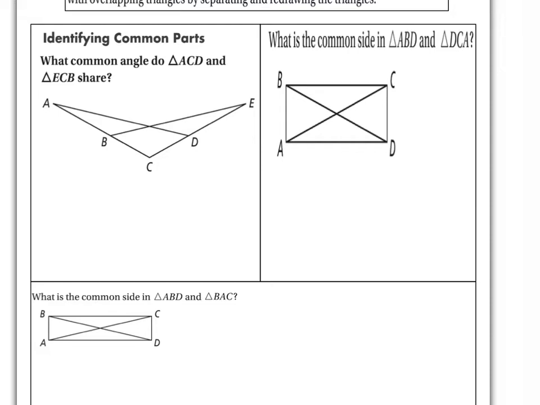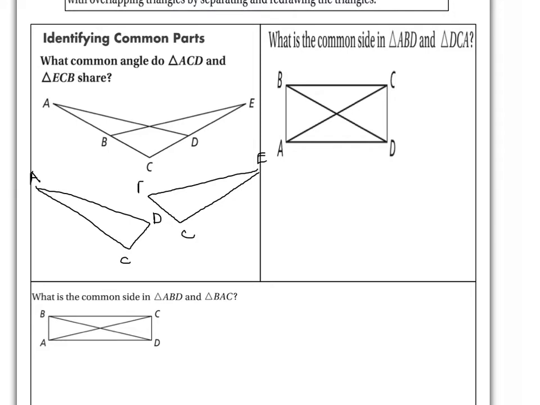ACD looks vaguely like this, and I'll label this A, then C, and then D. Now, triangle ECB looks like this. E is here, C is here, and B is here. These are the two triangles.